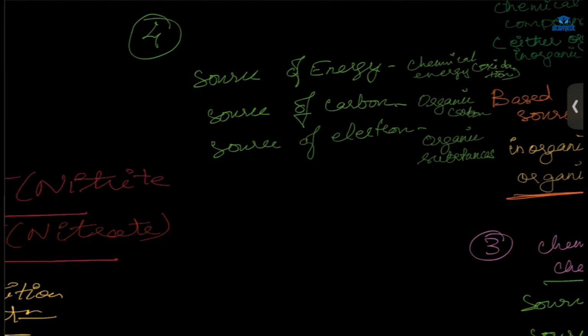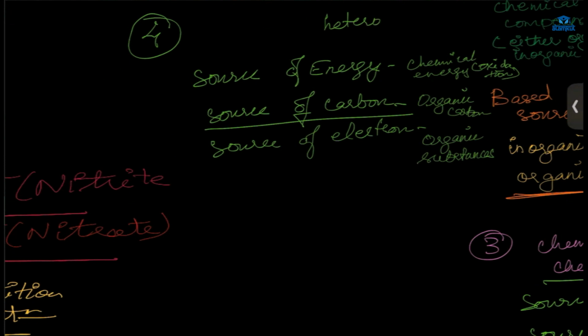Ma'am, first we'll see carbon. If it is organic carbon, then what do we name them? Hetero. Yes, hetero. And the source of energy is chemical energy, oxidation. So chemo.